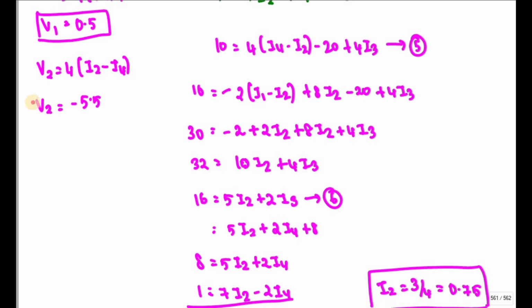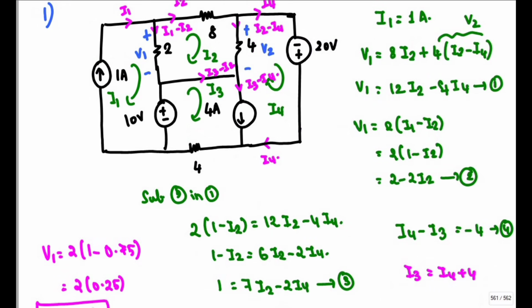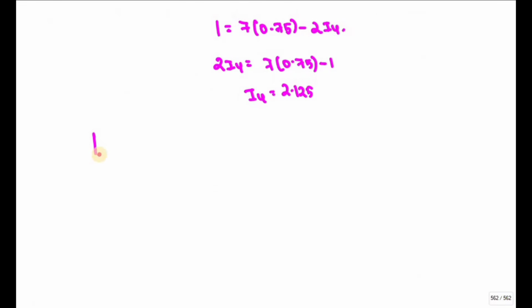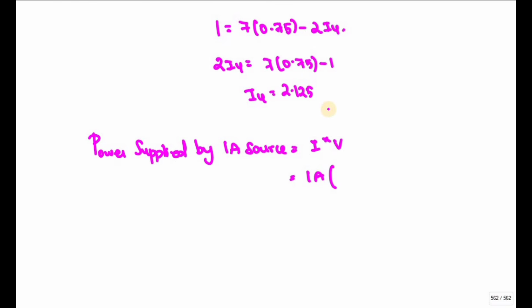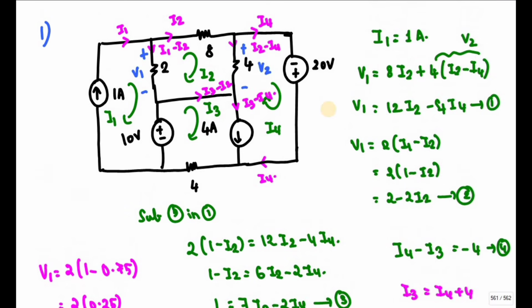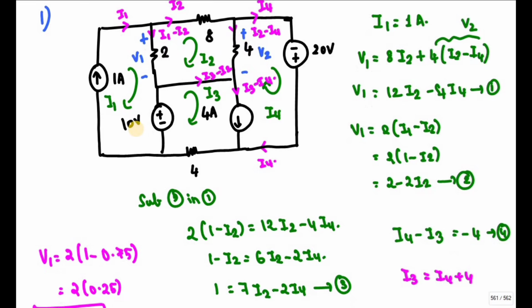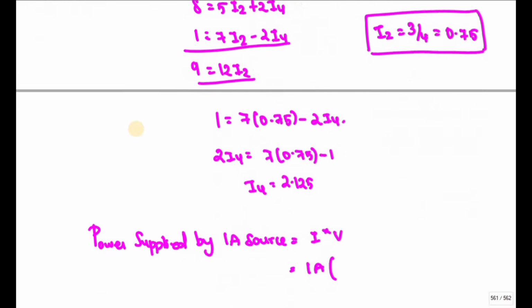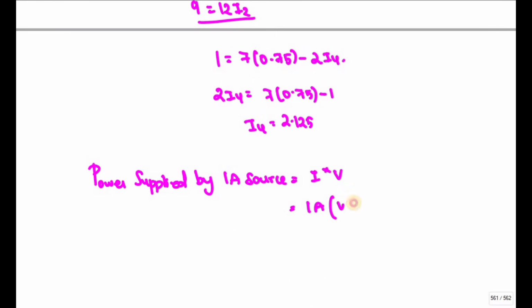Power is V into I. The current is 1 amp, and the voltage across the 1 amp source is V1 plus 10 volt. V1 is 0.5, so 1 into V1 plus 10 is 10.5 watts.